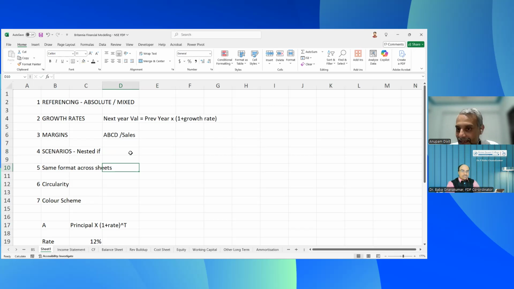One other thing that one needs to observe when creating a financial model is that there needs to be the same format across the sheets, right? So if your year 2026 is in column I in one sheet, it should be the same column I in the second, third, fourth, fifth, sixth, seventh sheet, right?